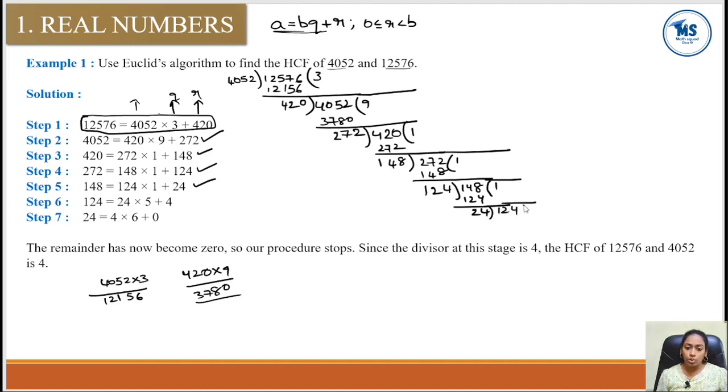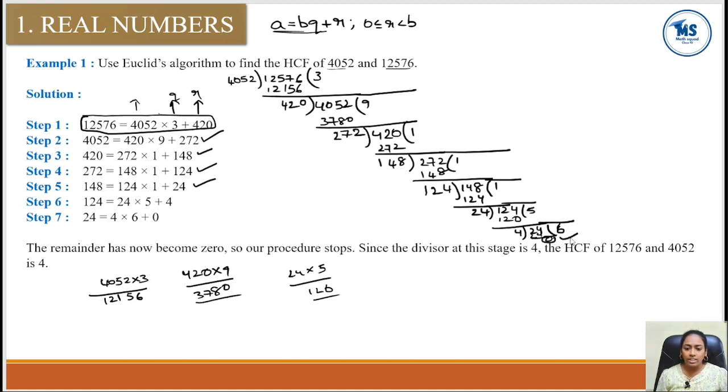For 24 and 124, this is going so long. 24 times 5 is 120, and the remainder is 4. Again, 24 by 4: 4 times 6 is 24.